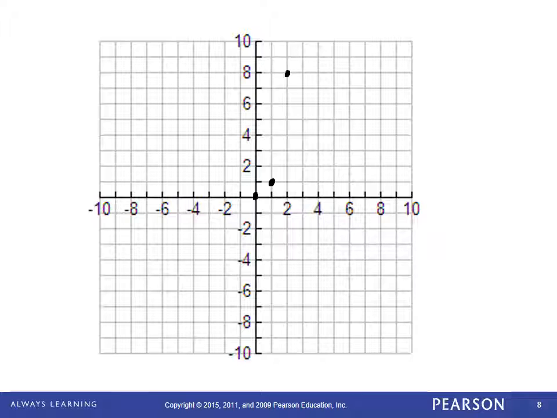If you cube 0, it's still 0. If you cube 1, it's still 1. If you cube a 2, it jumps to 8. If you cube a negative 1, it gets you to negative 1. Cube negative 2, again, gets you to negative 8. And then at this point, you know what the function looks like. Kind of goes like this. The arrows go both directions.